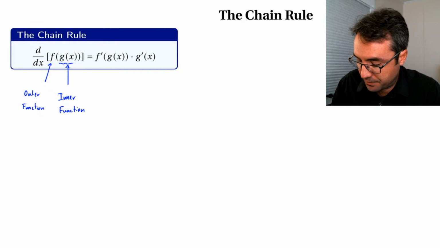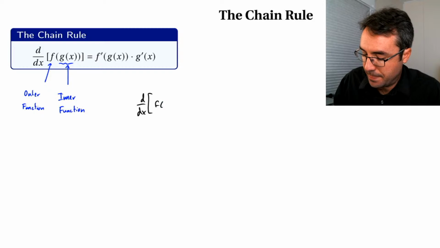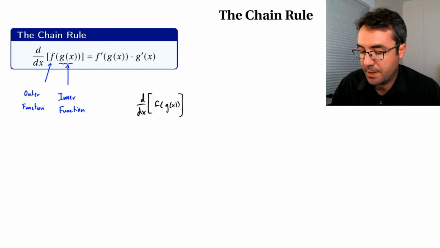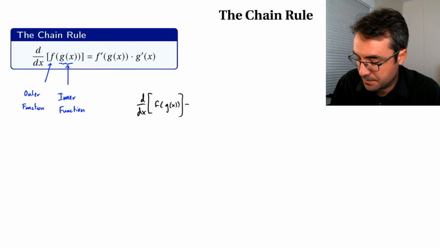So let's start with our composite function, f of g of x. And what does the chain rule say? Let's write down what the chain rule says.